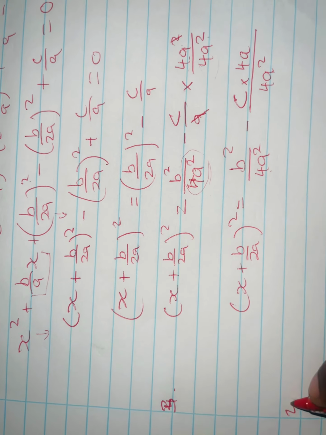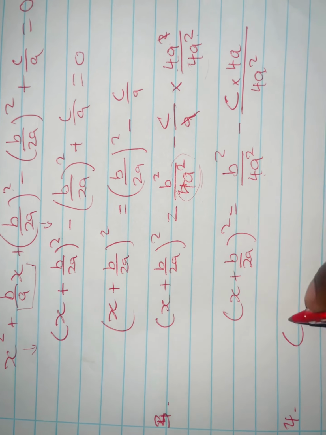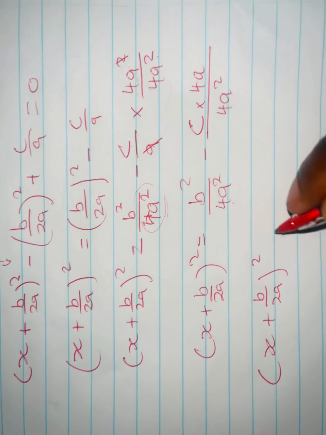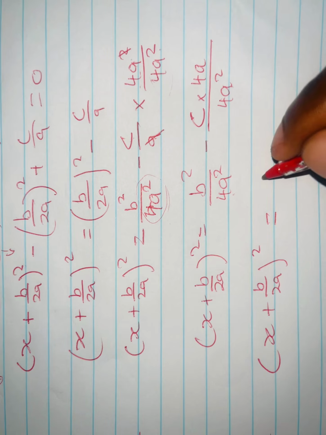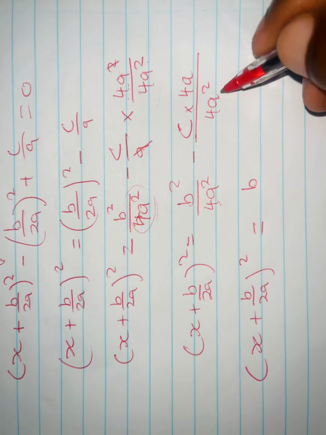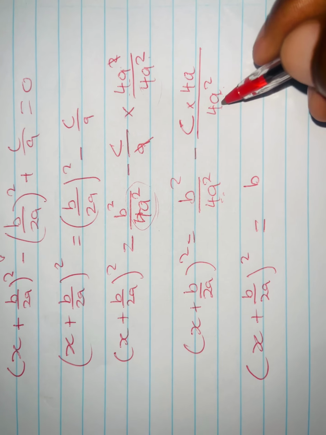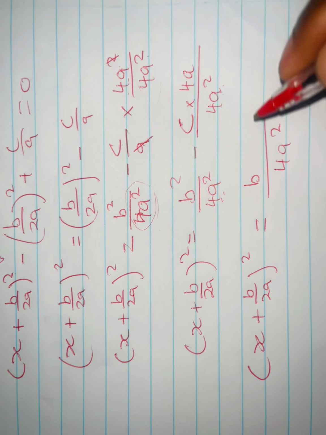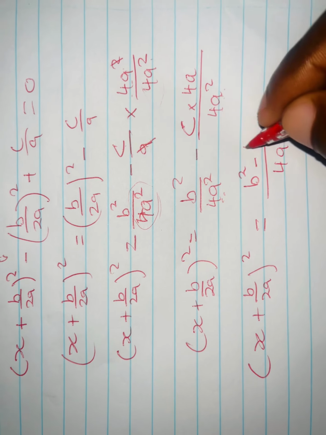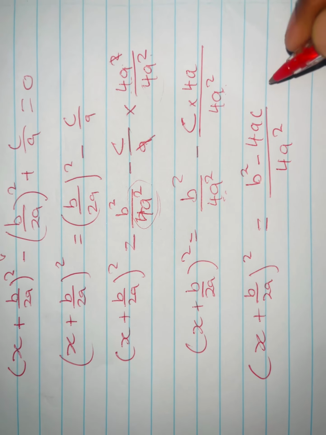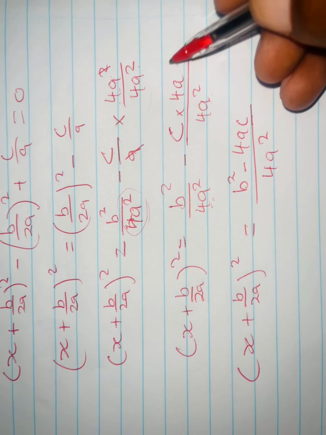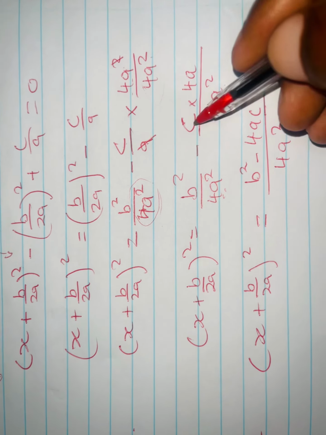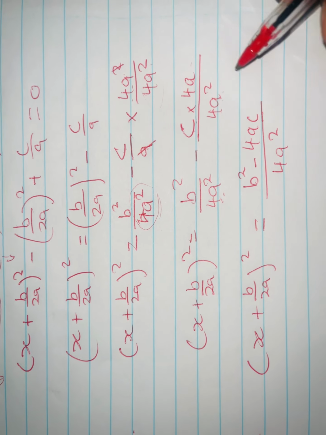So now let's go to our fourth step, x plus b over 2a all squared equating to b squared minus 4ac, because the denominators are the same, so we just drop them and have one common denominator. It's nothing much, it's just multiplication of these two.